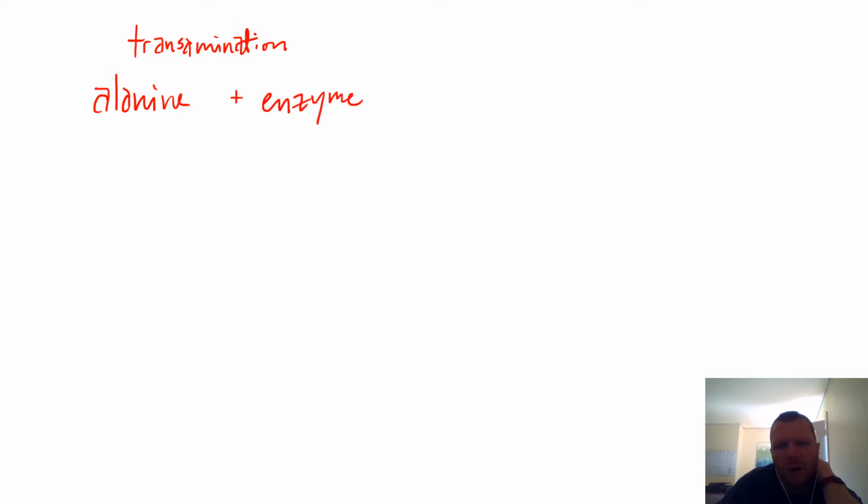So in the previous video, we talked about a transamination reaction. Essentially, what we did with that transamination was we took an alanine residue and an enzyme, and I'm going to say this enzyme had PLP, or pyridoxal 5' phosphate.